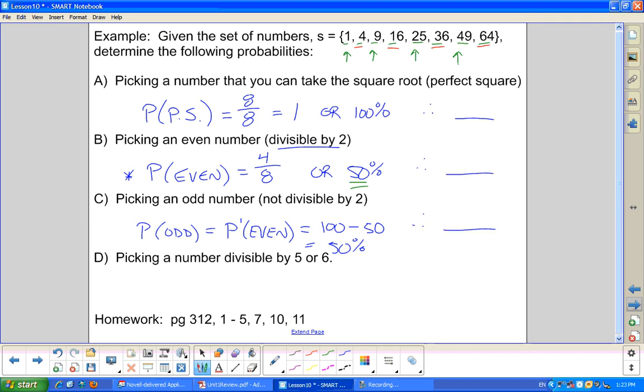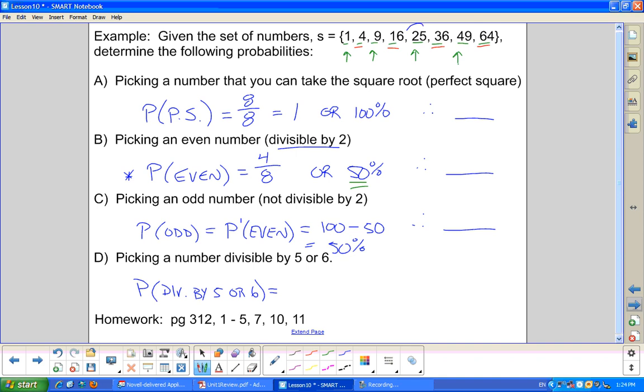And finally for part D, picking a number divisible by 5 or 6. So the probability of divisible by 5 or 6, and you can short form it inside the brackets here. I'm not too picky as to how you write it up, but you need to make sure you understand what you're finding. A number divisible by 5 or 6. So that means it has to end in a 0 or a 5 for our first part here.